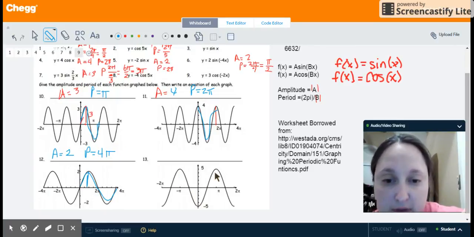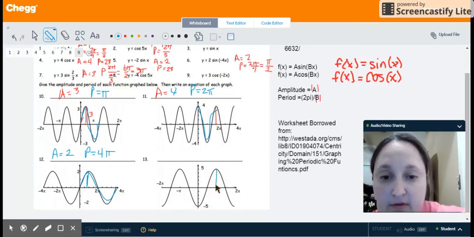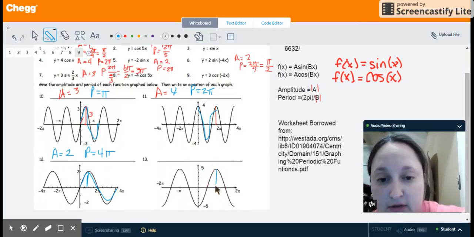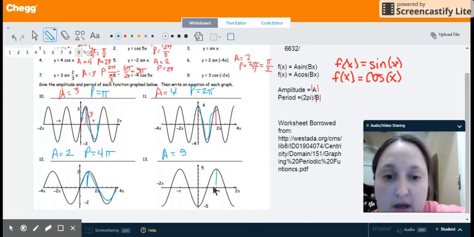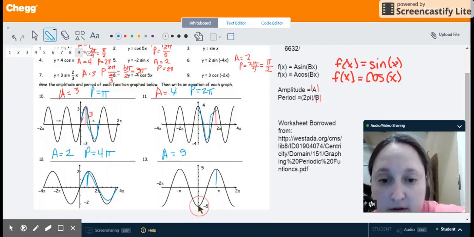So we have an amplitude of 5, if you notice, from the crest to the inflection point. We have an amplitude of 5. And a period of 2 pi.